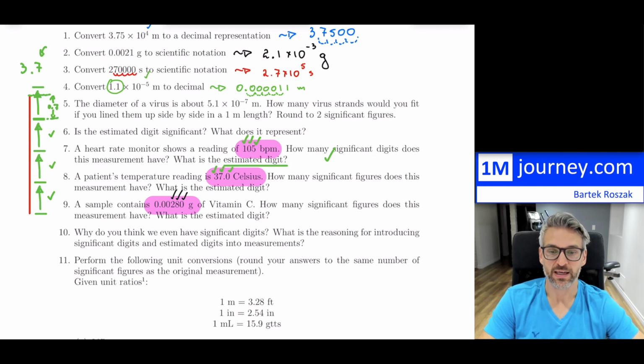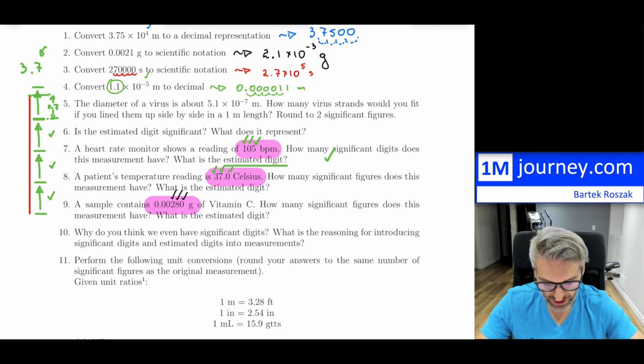Now, what is the reasoning for introducing significant digits and estimated digits into measurements? Again, that is because of precision. So we want to know when we're reading a number how much precision, how accurate that is.